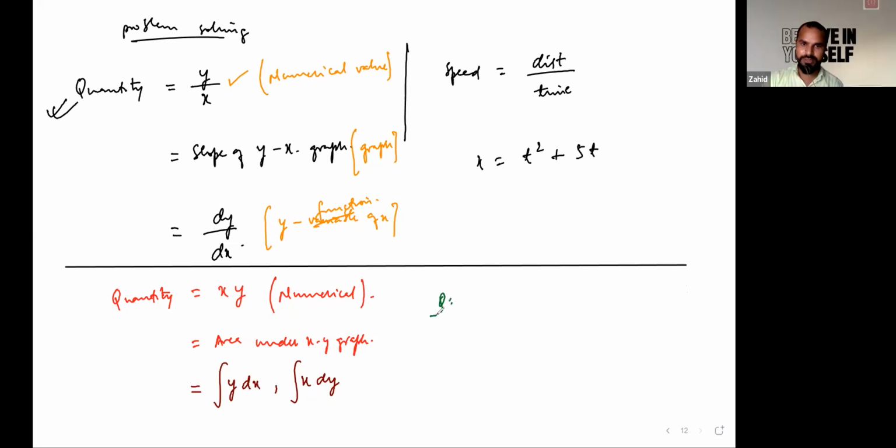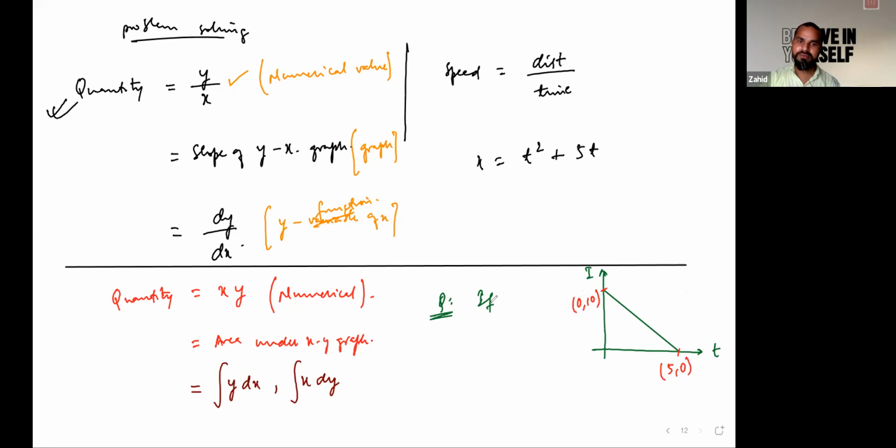Suppose I'm giving you a question. This is your current, this is your time, meaning a current versus time graph. The coordinate of this point is 0, 10, and the coordinate of this point is 5, 0.